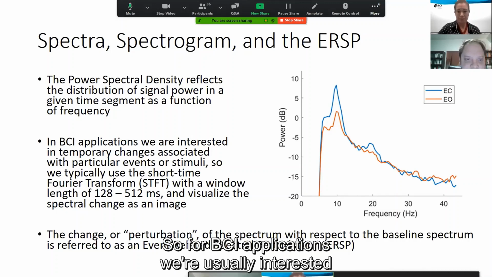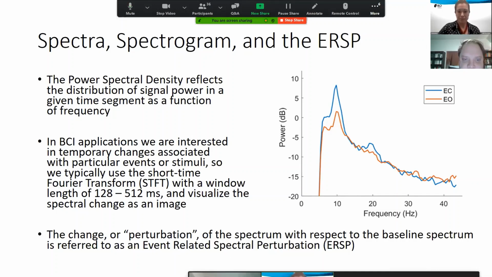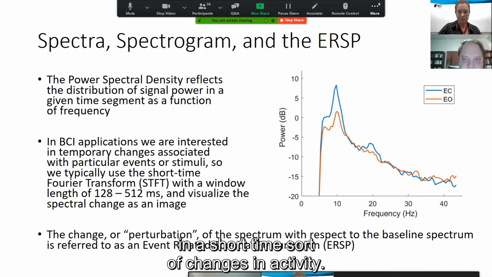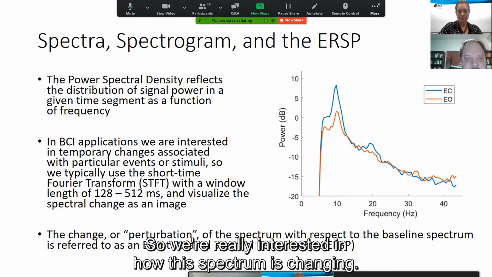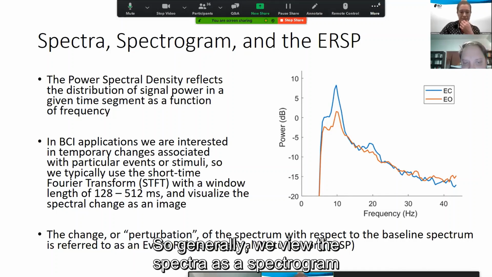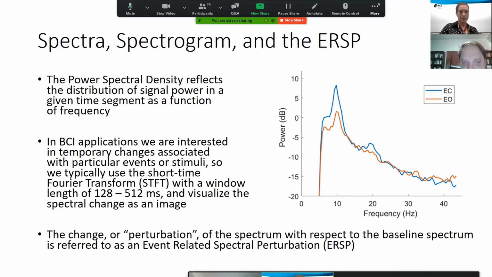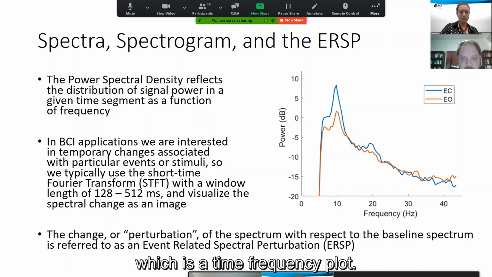For BCI applications, we're interested in short time changes in activity. So we're really interested in how this spectrum is changing. Generally we view the spectra as a spectrogram, which is a time frequency plot.